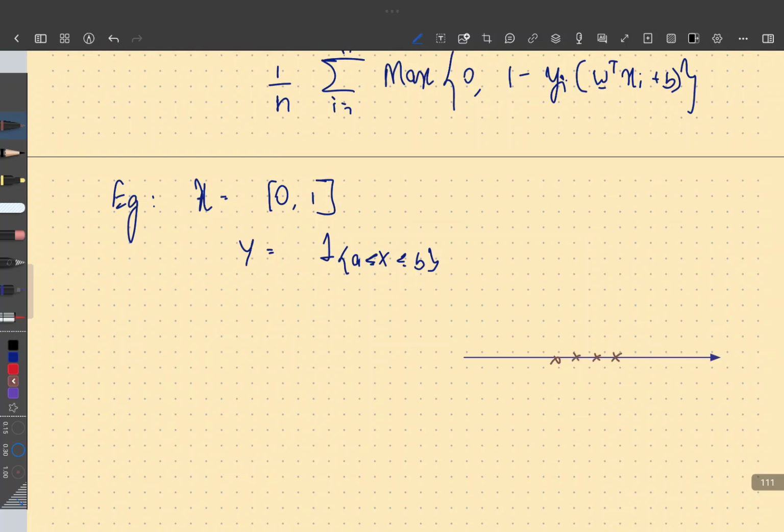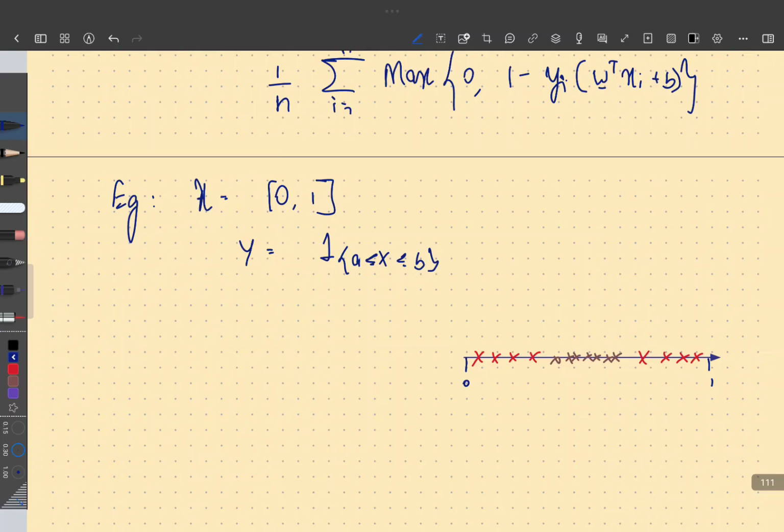So we see some bunch of points. The brown points are labeled 1 and the red points are labeled 0. So maybe this is the interval from 0 to 1.